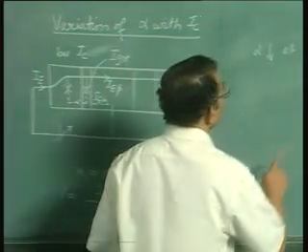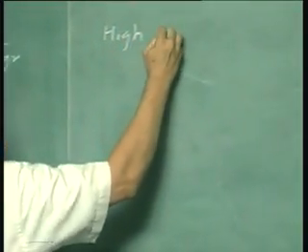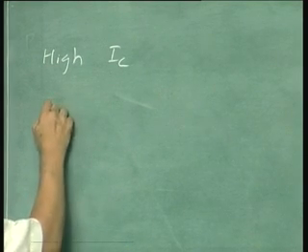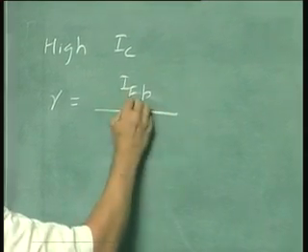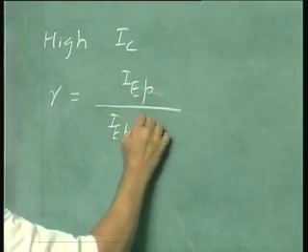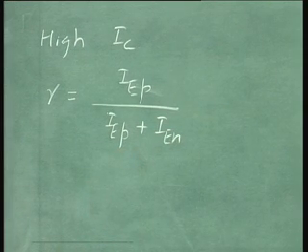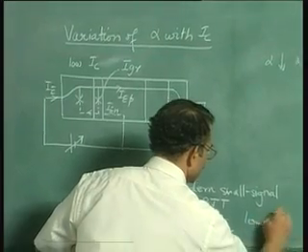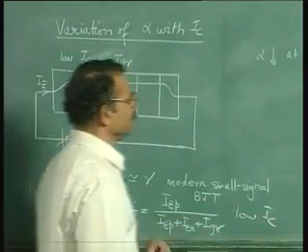At high IC, gamma is again given by IEP by IEP plus IEN, because IGR is not so important. Low IC, IGR is important, but at high IC IGR is not important.